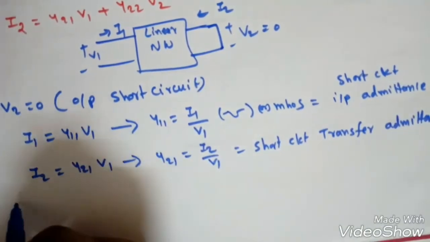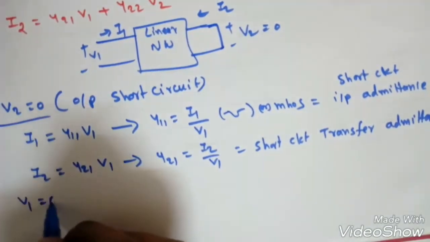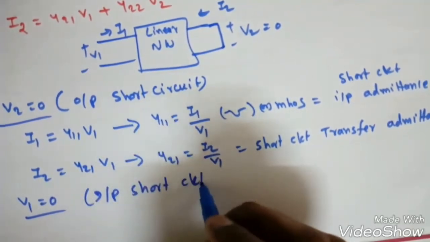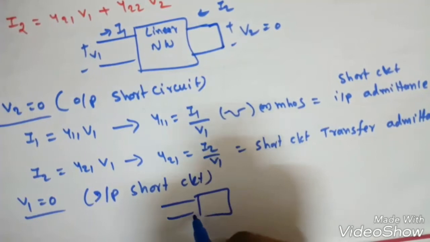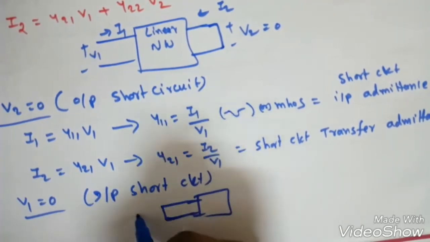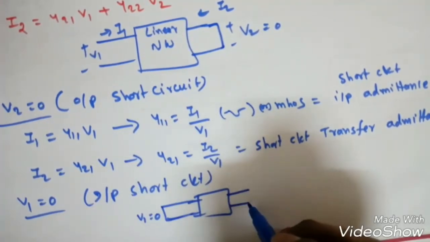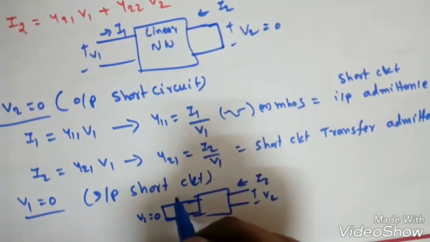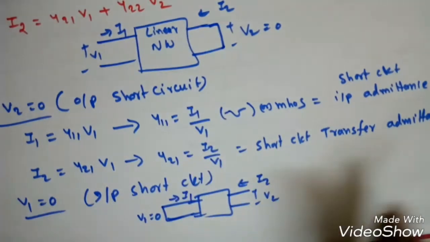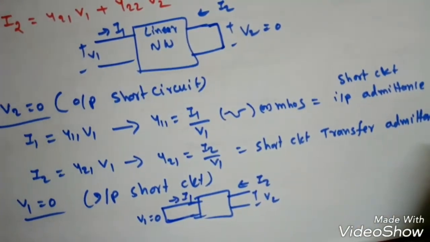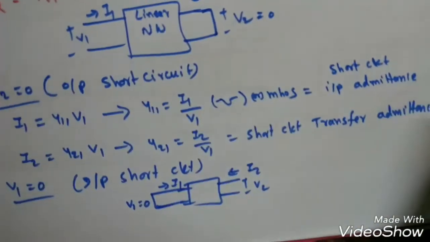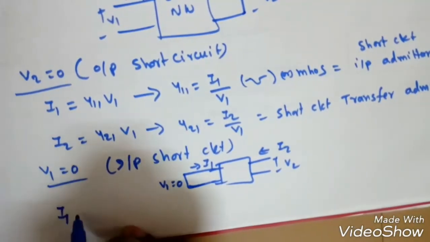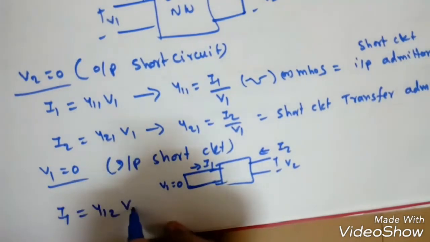Similarly, if I make V1 equal to 0, that means the input side is short circuited, like this. So I am making a short circuit here, that is V1 equal to 0, and here we are finding the relationship between V2, I2, and so on. This is I1. Now remember, when voltage is 0, current may still exist. So V1 equal to 0, from equation 1, I1 equal to Y12 V2.